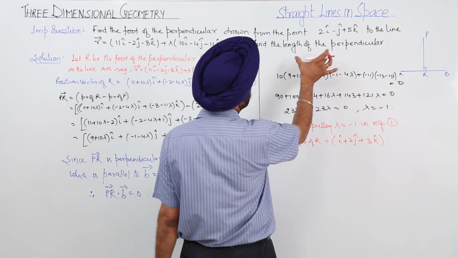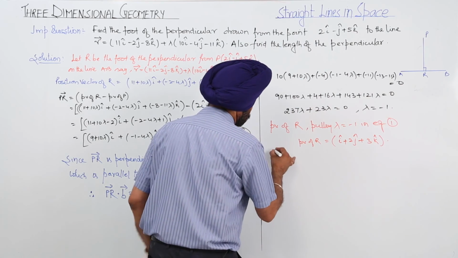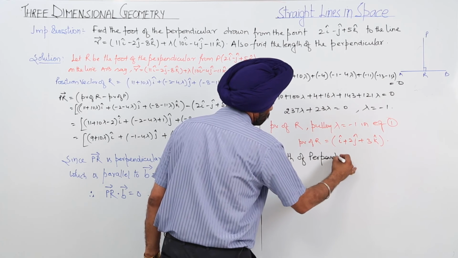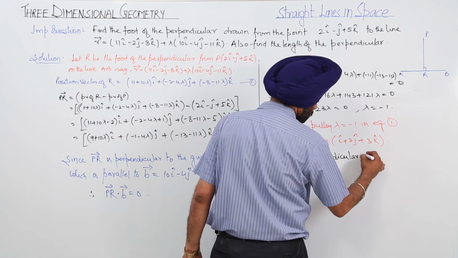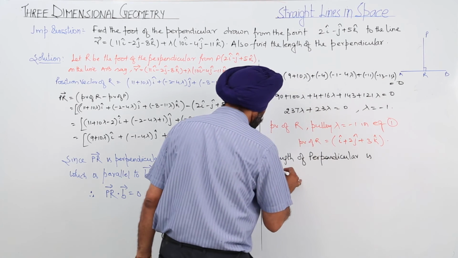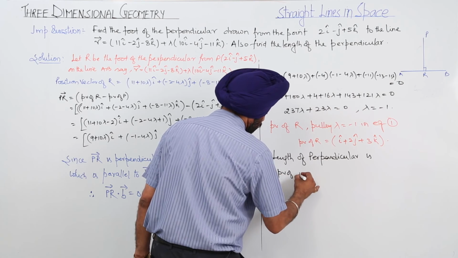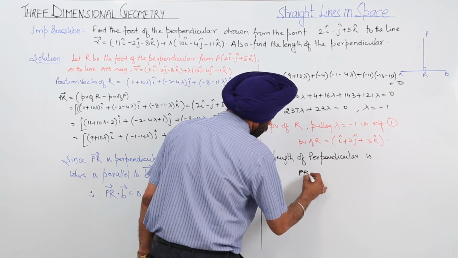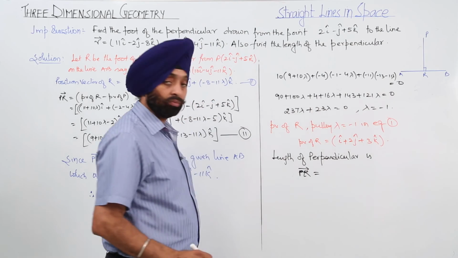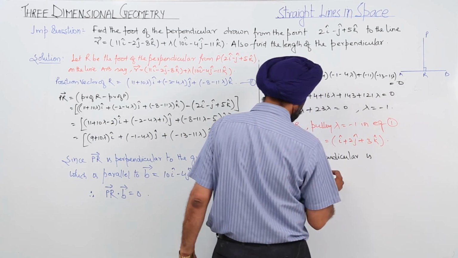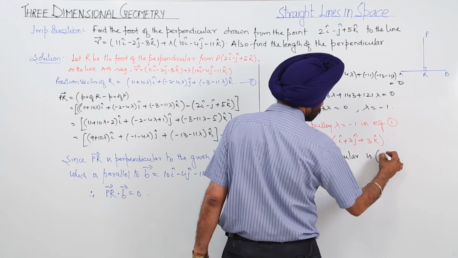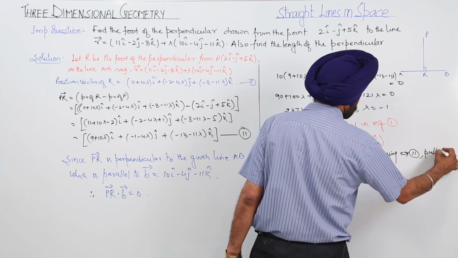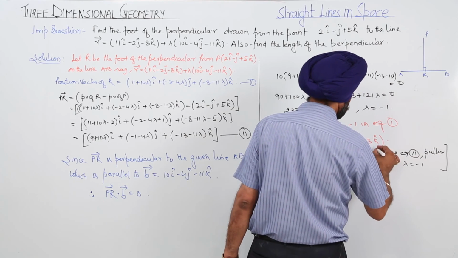Similarly we can find position vector of P, and then magnitude of PR, or we can directly go for it. Now we have to find the length of the perpendicular. Let us directly write it, vector PR is equal to, using equation 2 and putting lambda is equal to minus 1 in equation 2.